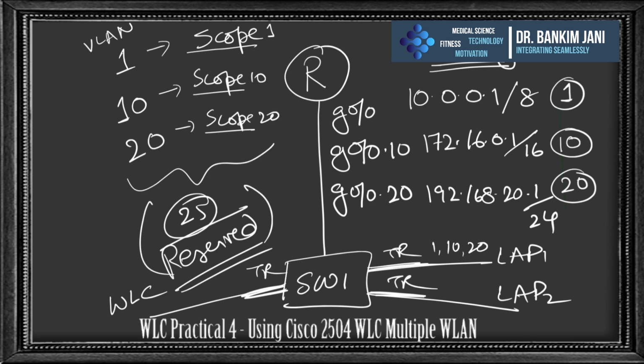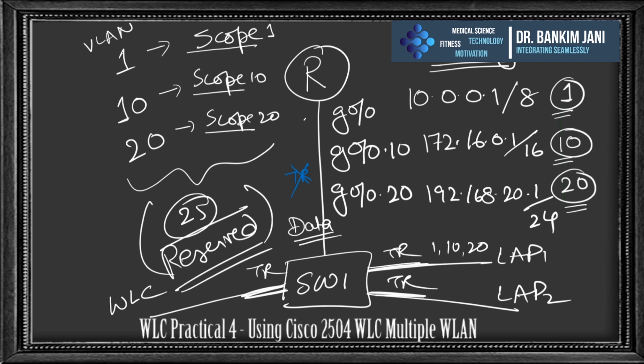Now, one interesting thing. At this point of time, we are not keeping this thing as trunk, because a very important principle is that though VLAN 1, VLAN 10 and VLAN 20 are passing through this, it is only the data part which really requires the trunking.